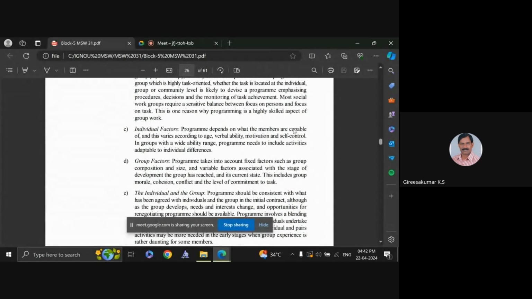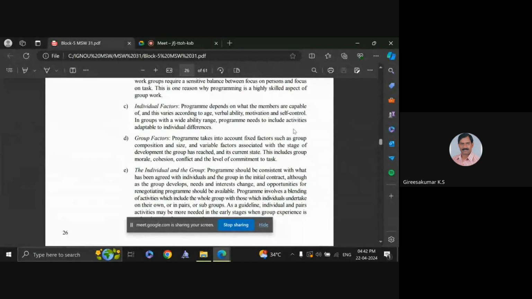So, group factors, that is, beyond individual factors. I have told you variable factors are there: morale, vision, conflict, level of commitment, etc. Because in a group, we cannot expect all the people to have all abilities and so on.